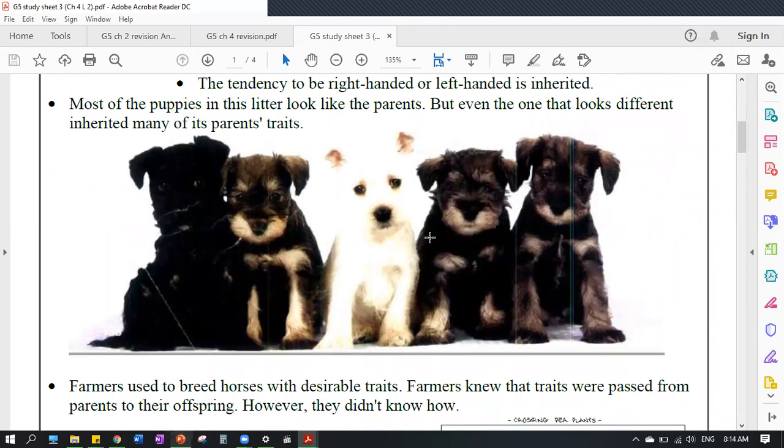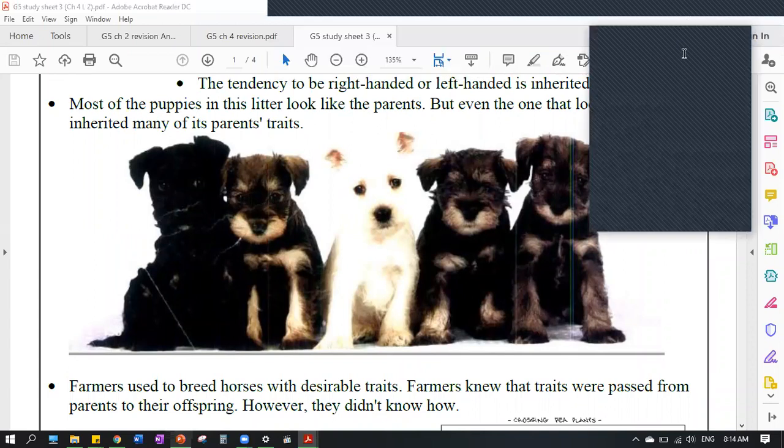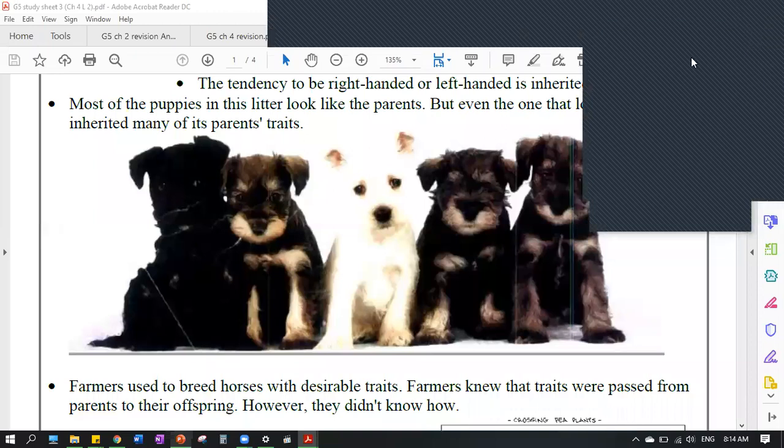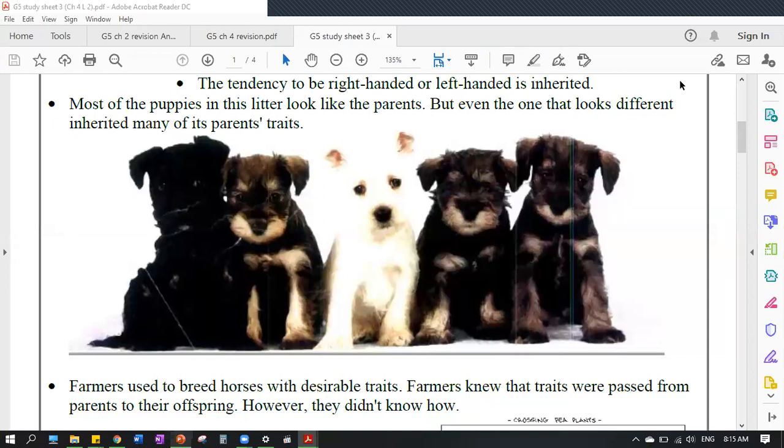An example for this, in this picture, as you guys can see, guys, can you hear me now? Yes. Okay. This picture is showing puppies. You may say all of them belong to different parents, right?